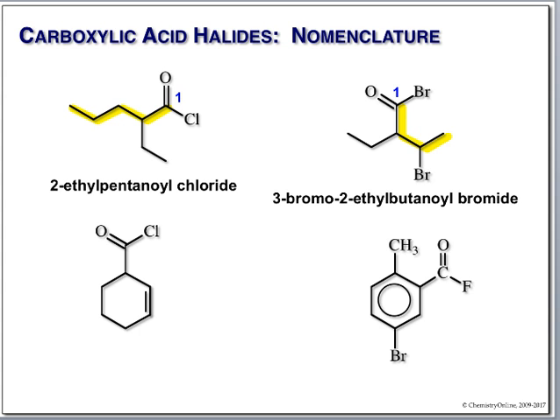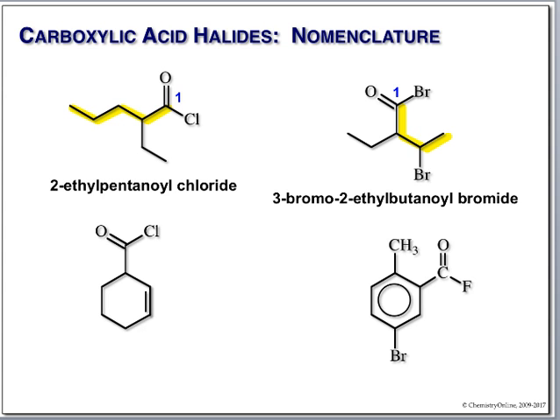Now over here, we have an acid halide attached to a cyclohexene ring. Now again, when we talked about carboxylic acids, we pointed this out. We really want to make carbon number 1 one of these guys so that we can number through the double bond.